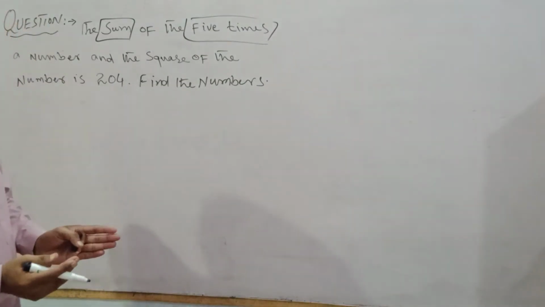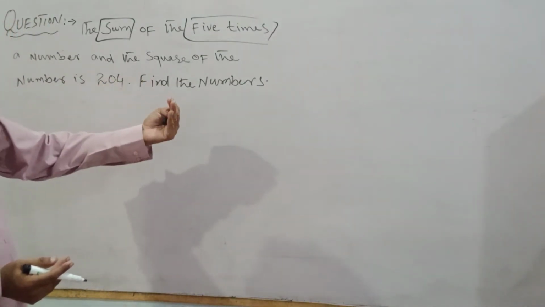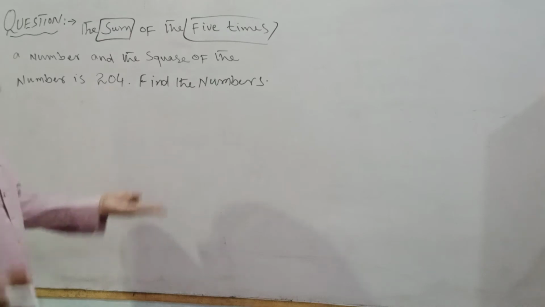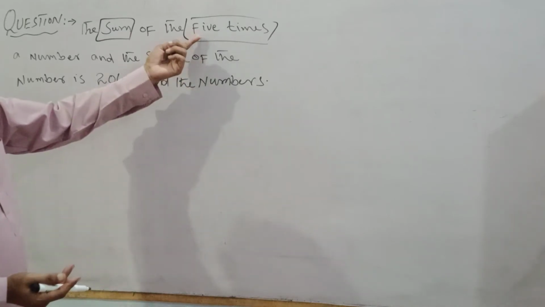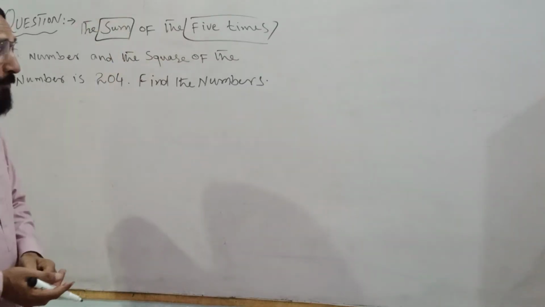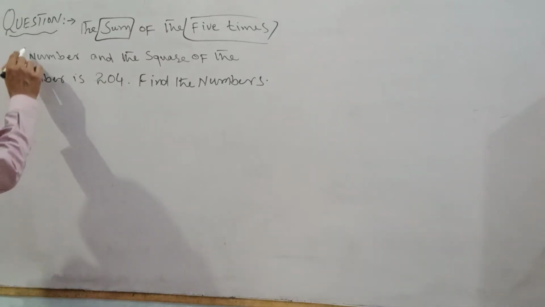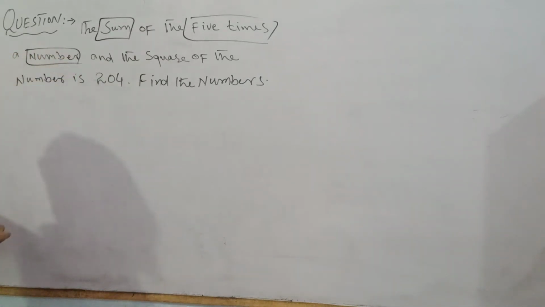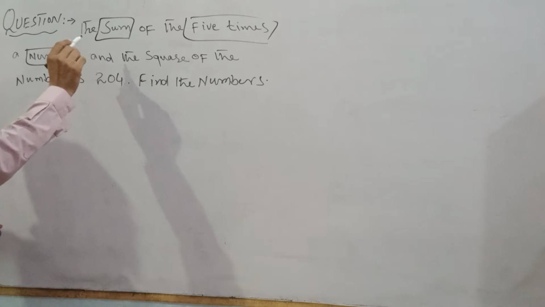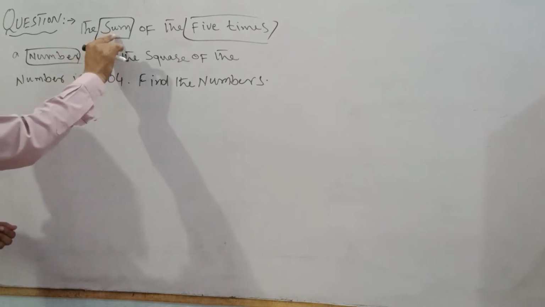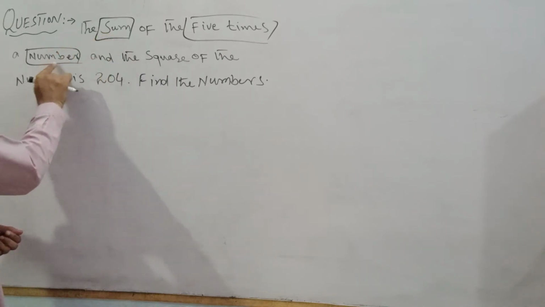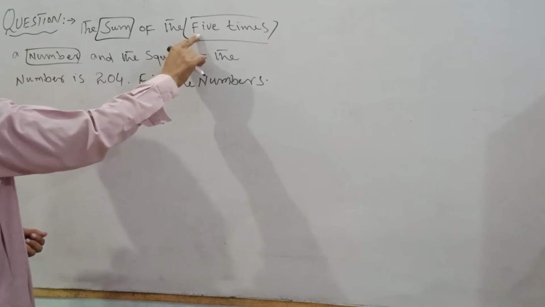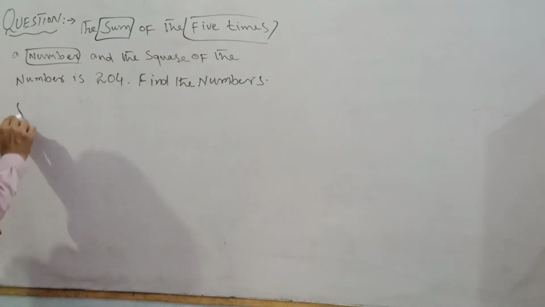We consider the number and we give it any name, x, y, z. Okay, we take the number of the 5 times. Here the number. Okay, the given data. First of all, we take the number, then we take the 5 times. Okay, suppose we have to start the solution.